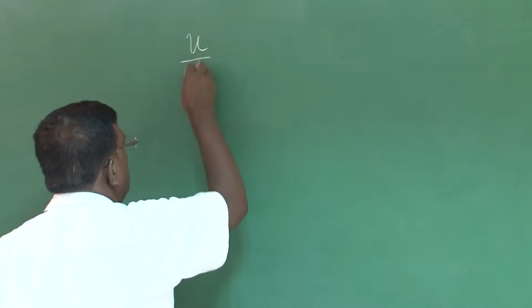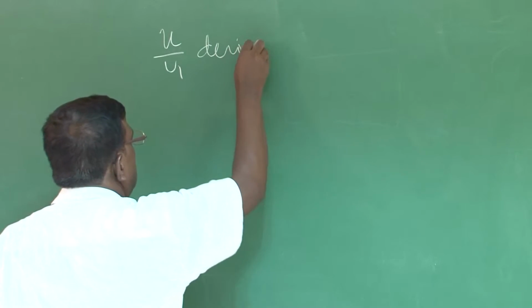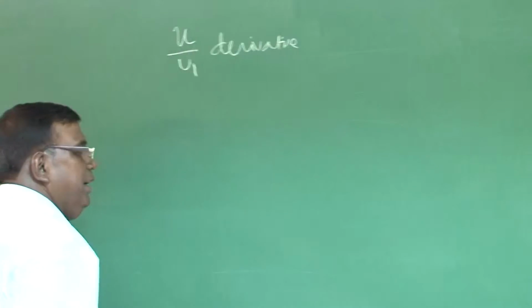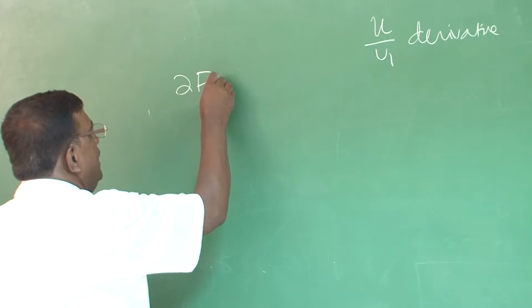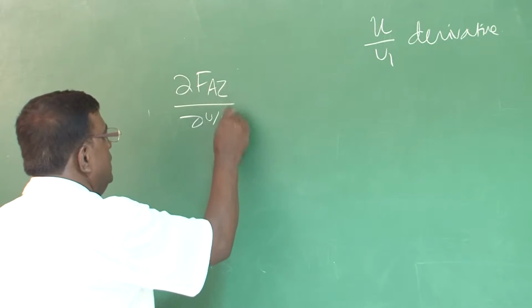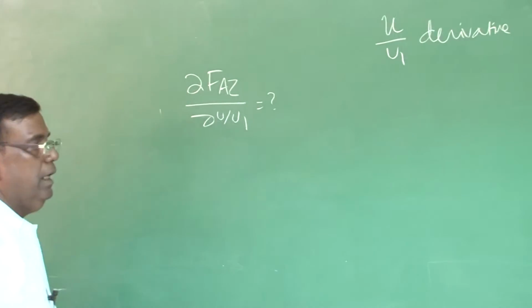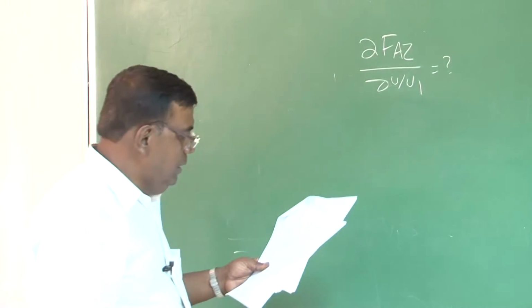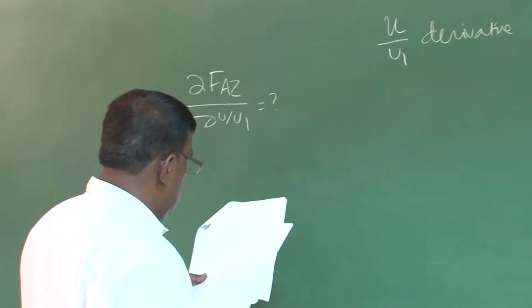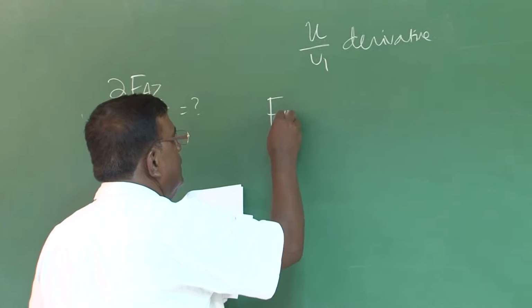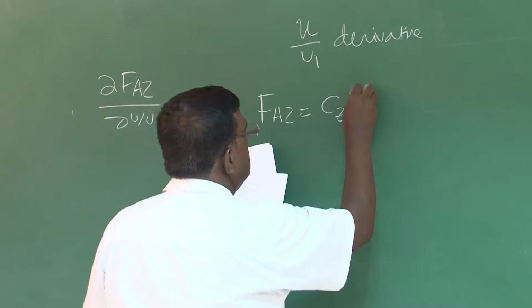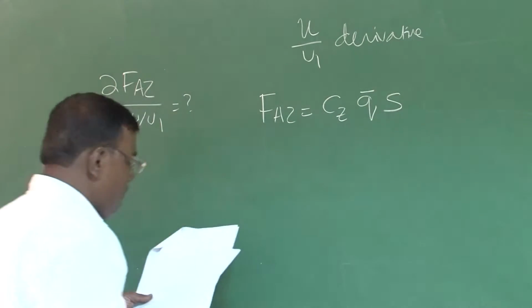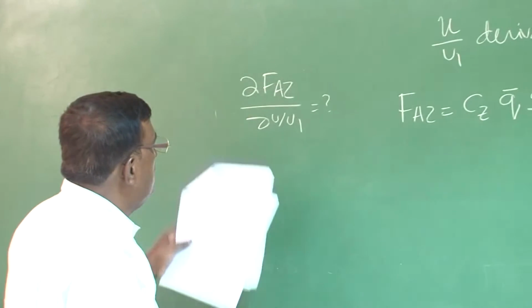We are continuing with the u derivative, or you say u by u1 derivative. We have finished dFax by du by u1. Now we want to do something with dFz by du by u1, and the method is similar to what we have done. So let us write Faz as Cz q bar S, that is where we started, and we have to find this derivative.